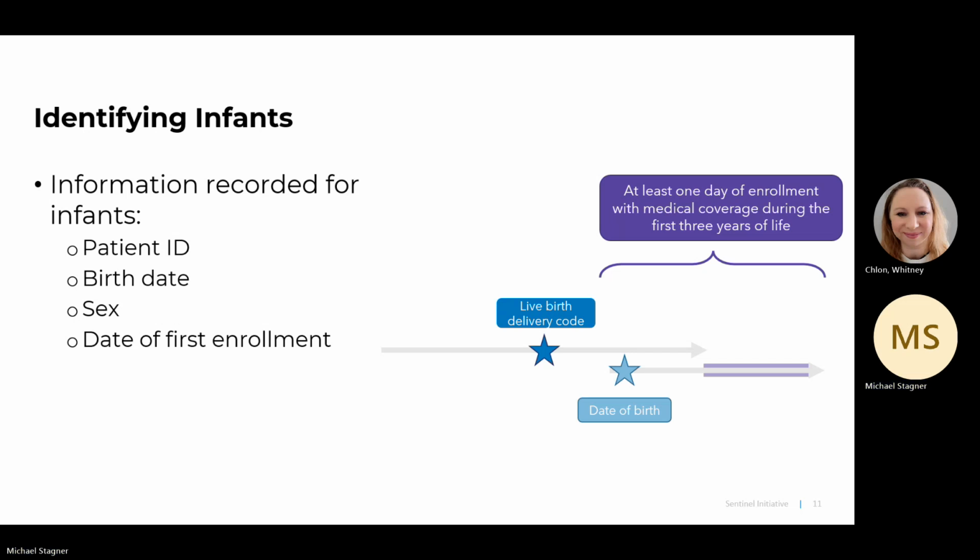The current mother-infant identification package requires at least 1 day of enrollment with medical coverage during the first 3 years of life, and that's to create as wide a sweep as is reasonably possible to make sure that infants that are in the data are actually picked up by this identification process, so that they can be hopefully successfully linked to a delivery in the data.